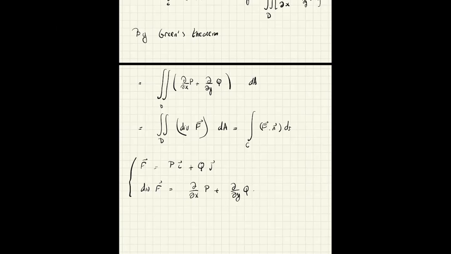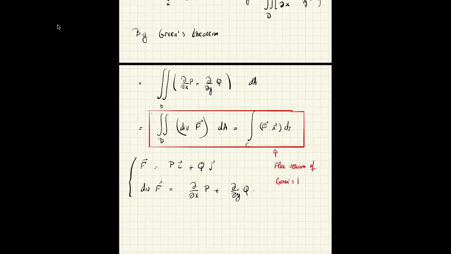And this is called the flux version of Green's theorem. Or the book calls it, I think, the vector form.